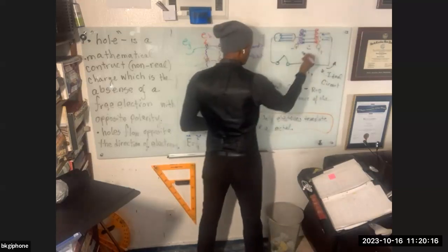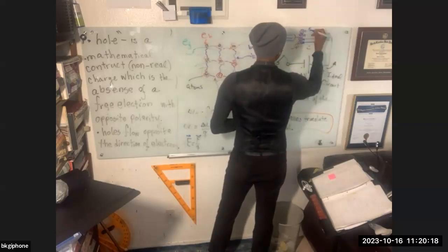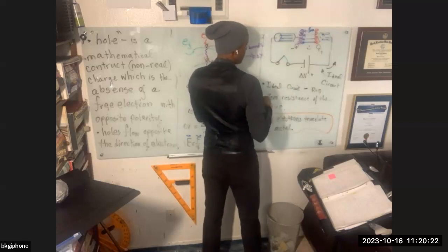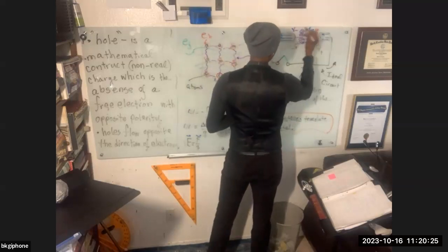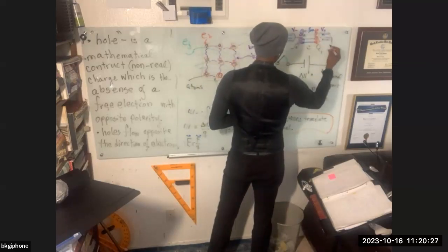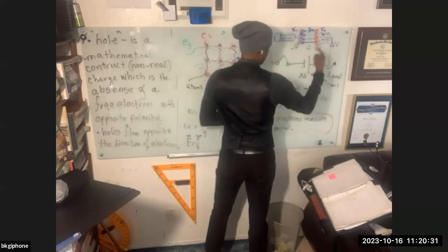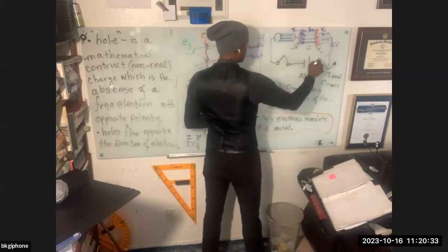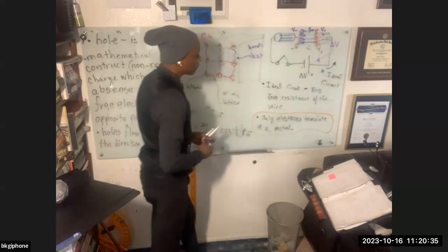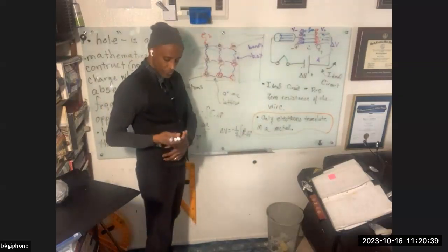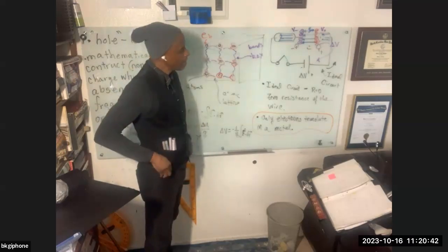It'll have its own E field, and the voltage will be, so the negative plate is V minus, the positive plate is V plus, and so then the delta V of the capacitor will be equal and opposite to the delta V of the battery. And that's how you charge a capacitor.